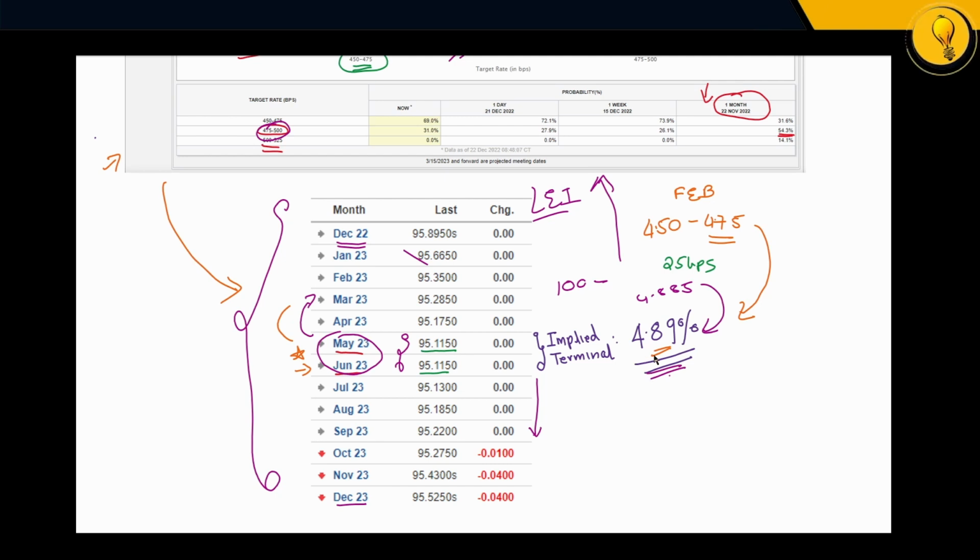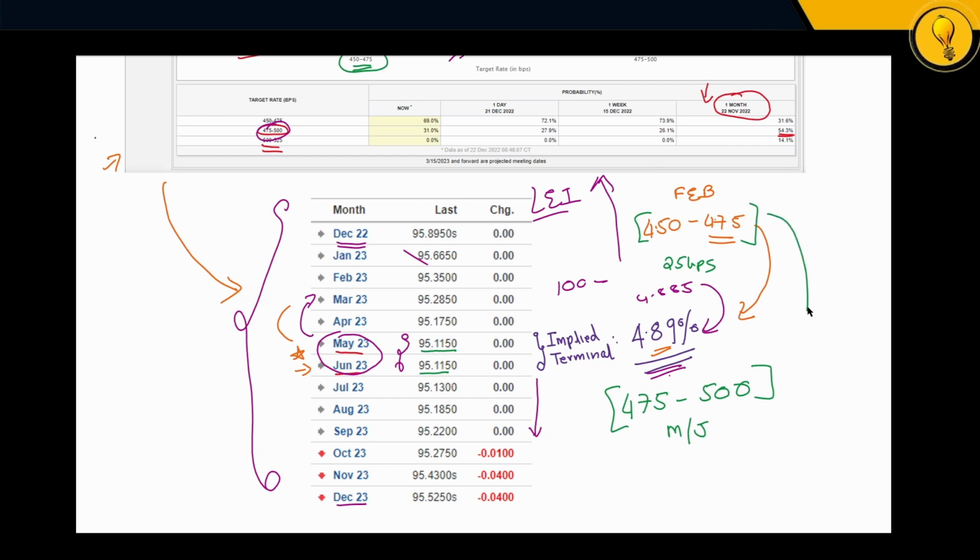And by the way, 4.89% over here on the Fed fund futures is essentially the midpoint between 475 to 500, right? So when you look at it this way, guys, this is the target, the implied target rate for May/June. And this over here, 450 to 475, is the implied target rate for Feb, right?